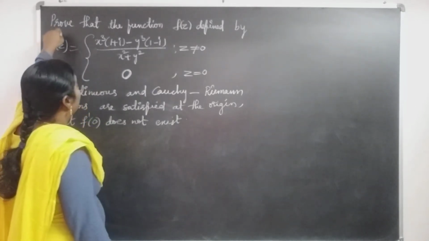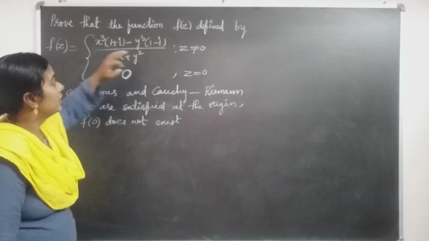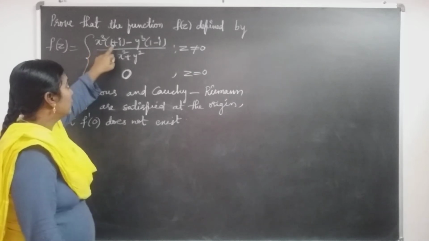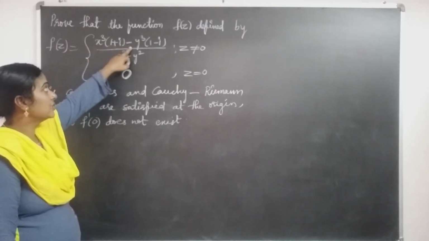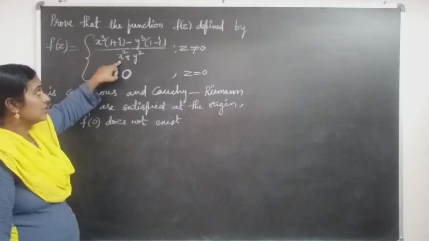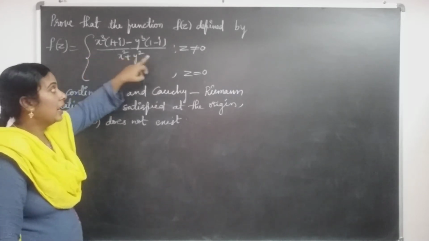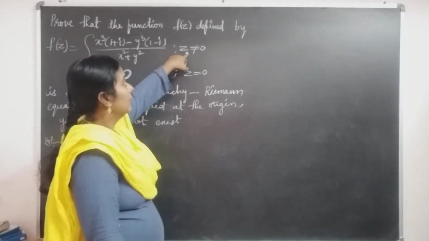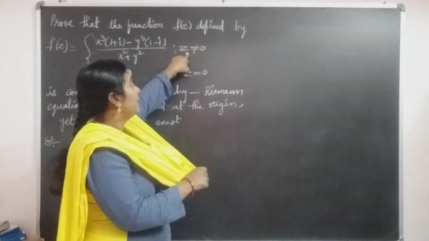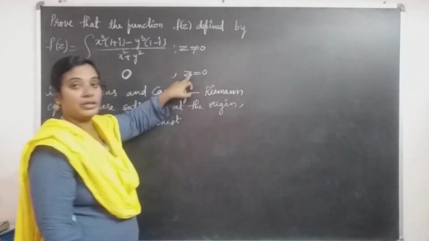Here, prove that the function f of z defined by f of z equal to x cube of 1 plus i minus y cube of 1 minus i, by x square plus y square, at every non-zero point, that is, every point of z except the origin.